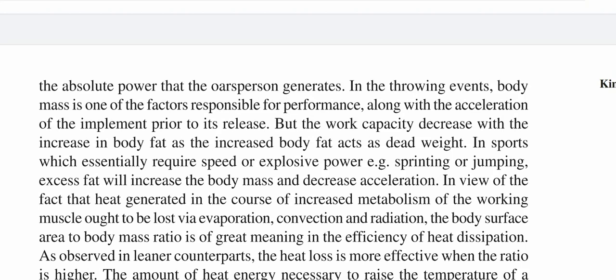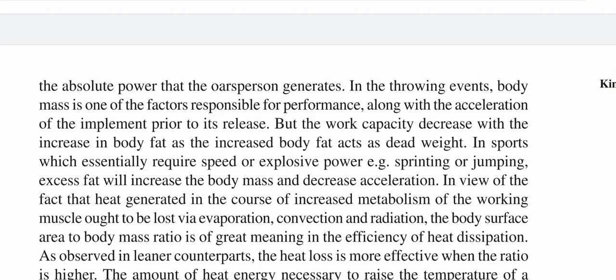In sports which essentially require speed or explosive power, for example sprinting or jumping, excess fat will increase the body mass and decrease acceleration, in view of the fact that heat generated in the course of increased metabolism of the working muscle ought to be lost via evaporation, convection and radiation.